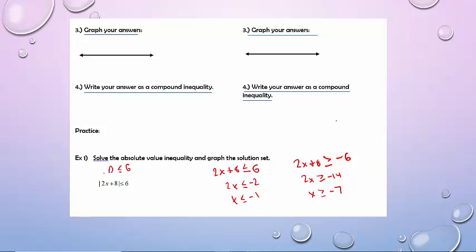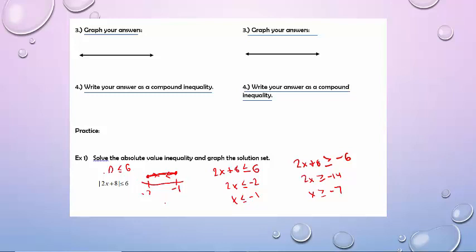So now that we've solved, we're going to graph our answers. So negative 7 comes first on the number line, and then negative 1. Make sure you put these in the right order. Solid circles on both, since it's inclusive. We want numbers left of negative 1 and numbers to the right of negative 7, so it looks like we're going to have a connection here.